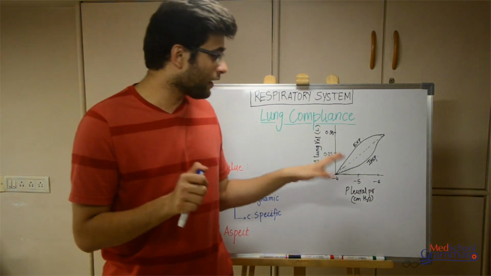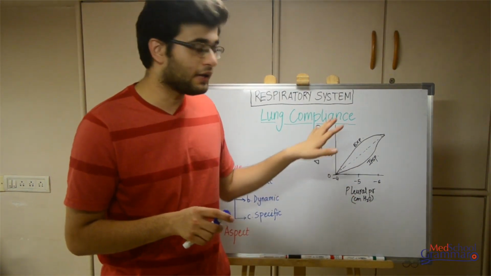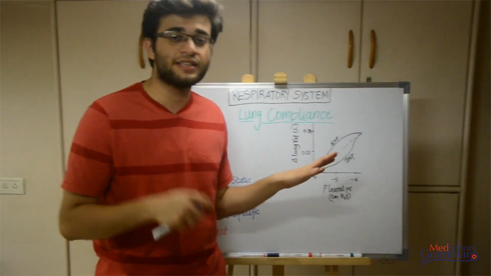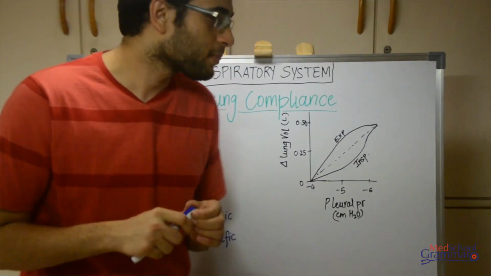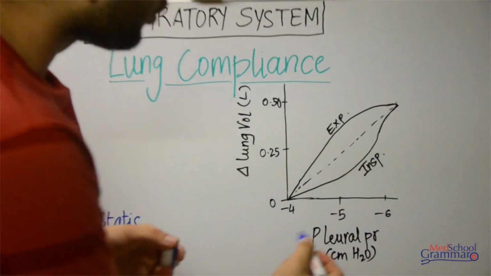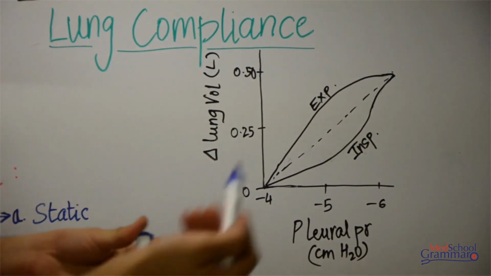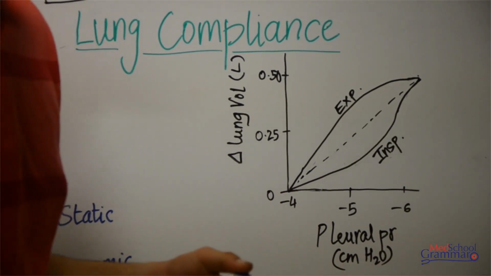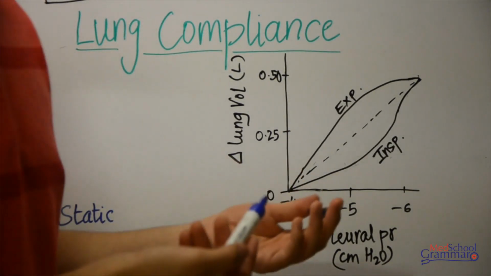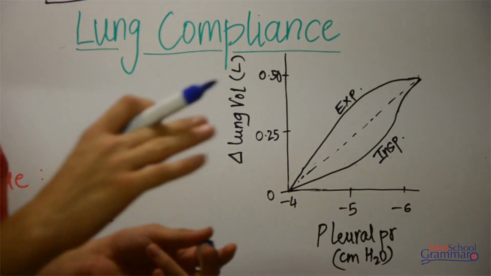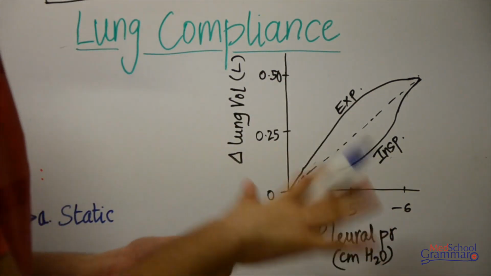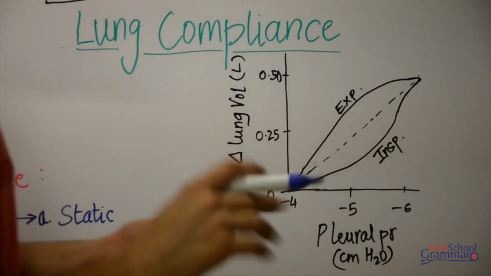Now looking at the graph of the lung compliance, this graph is known as the hysteresis loop. Over here I have mentioned pleural pressure, but in the definition I said transpulmonary pressure. How is that related? So I'll tell you what transpulmonary pressure, pleural pressure and alveolar pressure are.